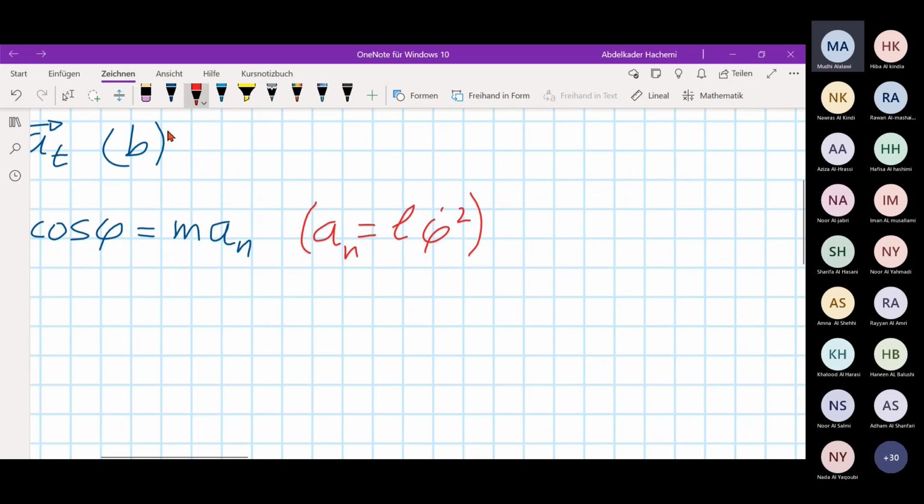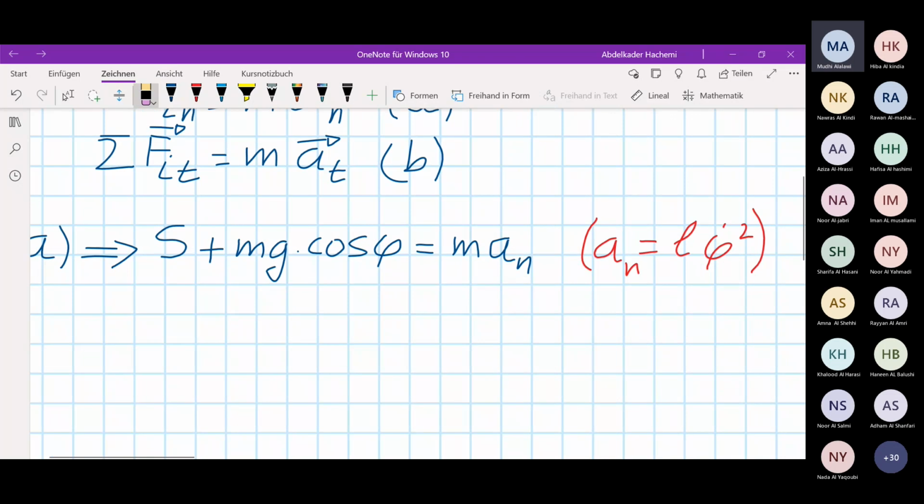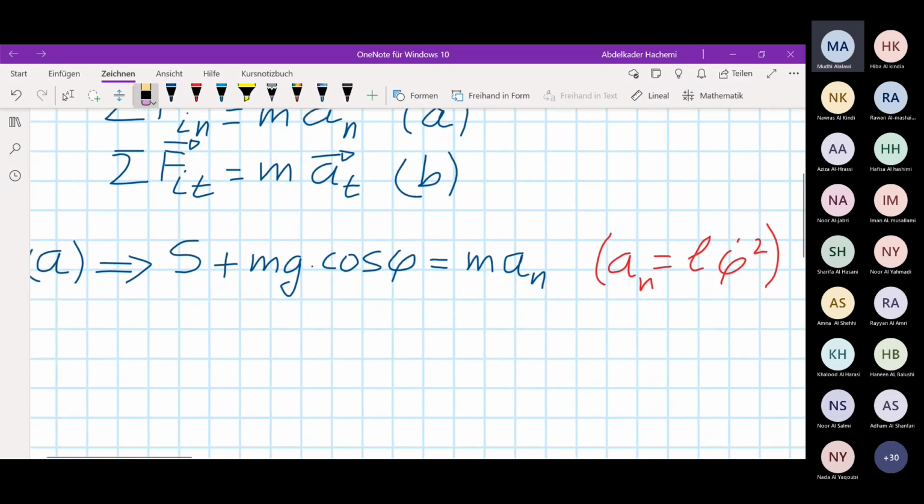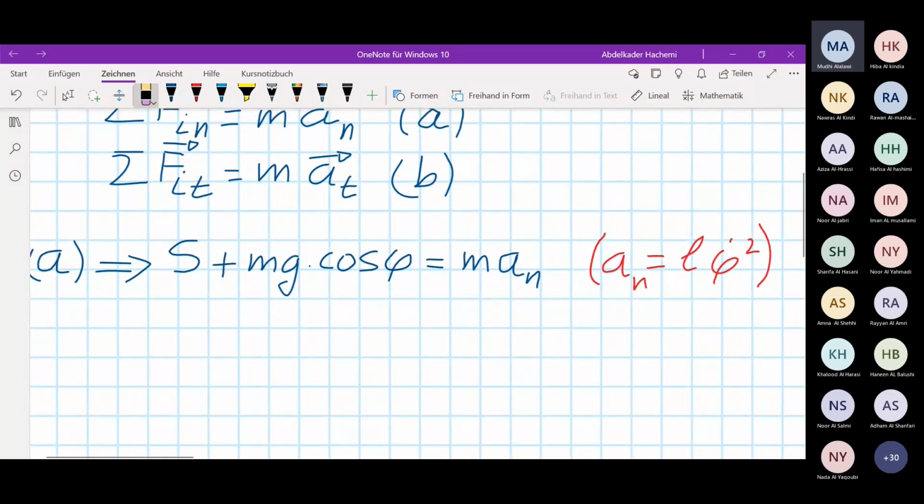Now, if we look at equation B, what do we have in equation B?